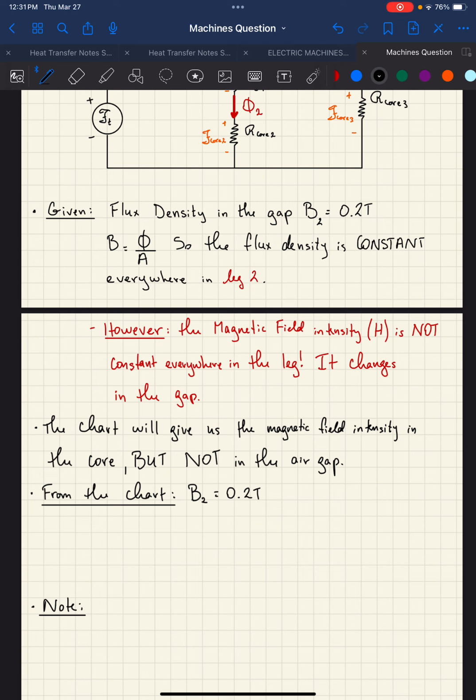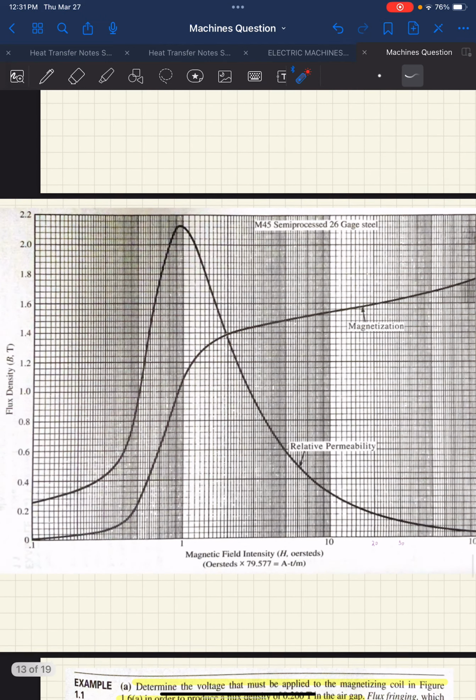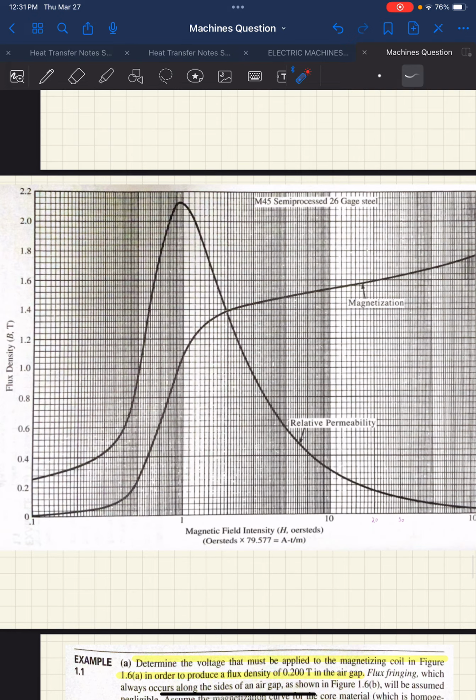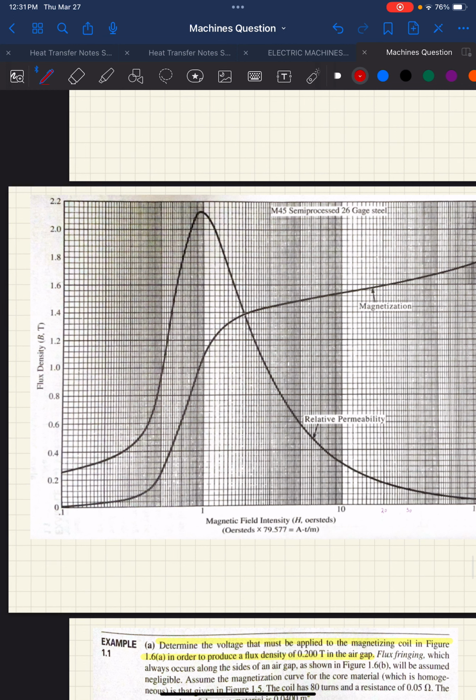So now we have to go into the chart and find out what that correlates to. I did my best to make this chart legible. First I'm going to make a line here. The flux density is on this side in Tesla. I'm going to just draw a straight line like this, and then correct it later.